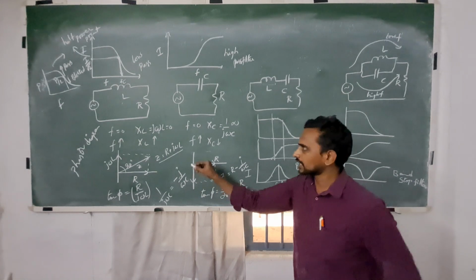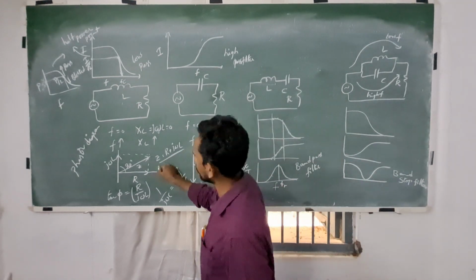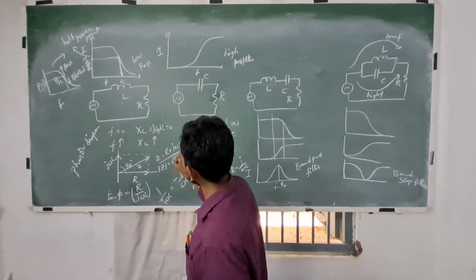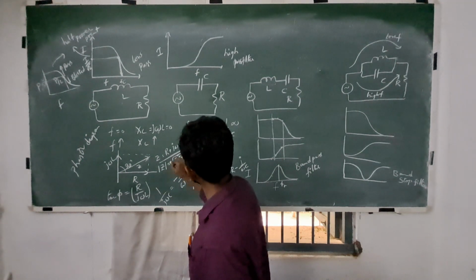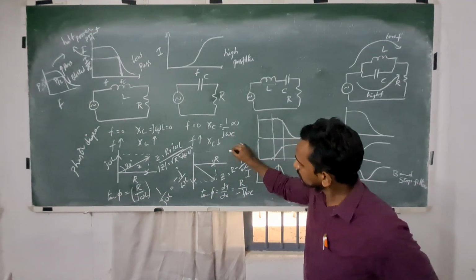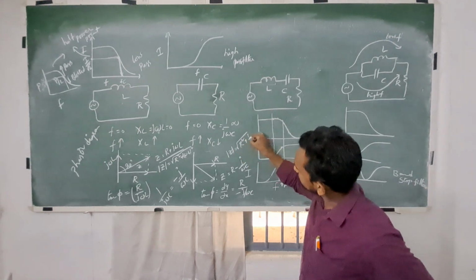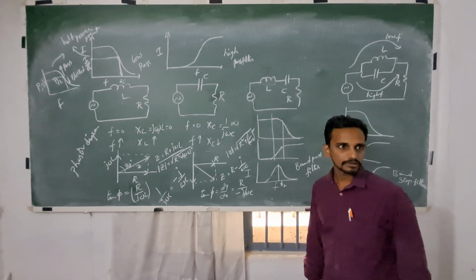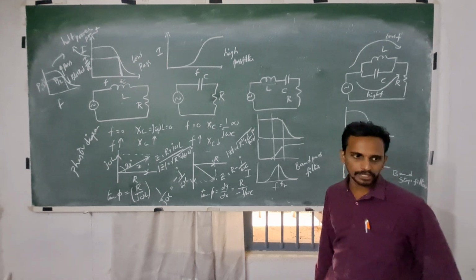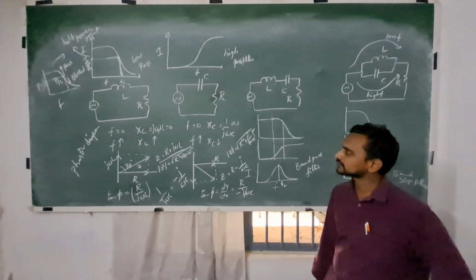So we're able to calculate the resultant magnitude. The magnitude of impedance, modulus Z, is root of R square plus omega L square. Here it is R square plus 1 by omega C square. For the magnitude, we take A plus iB multiplied by A minus iB, the complex number times its complex conjugate, and we get A square plus B square.